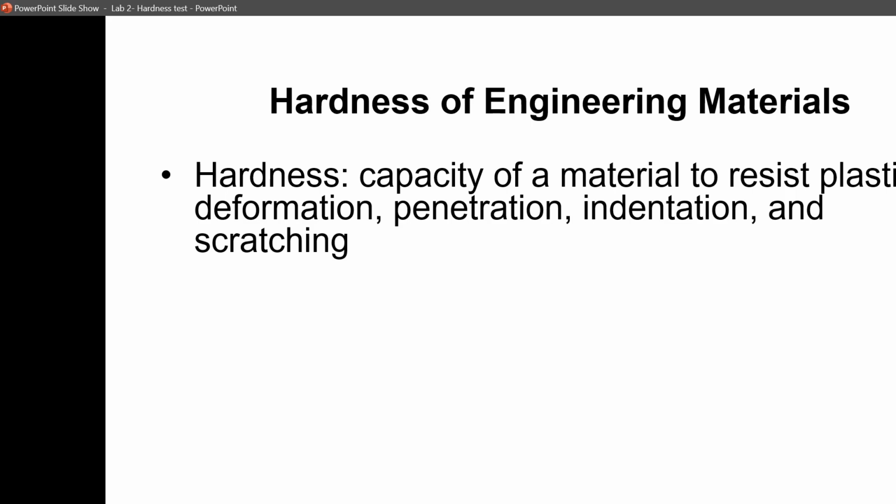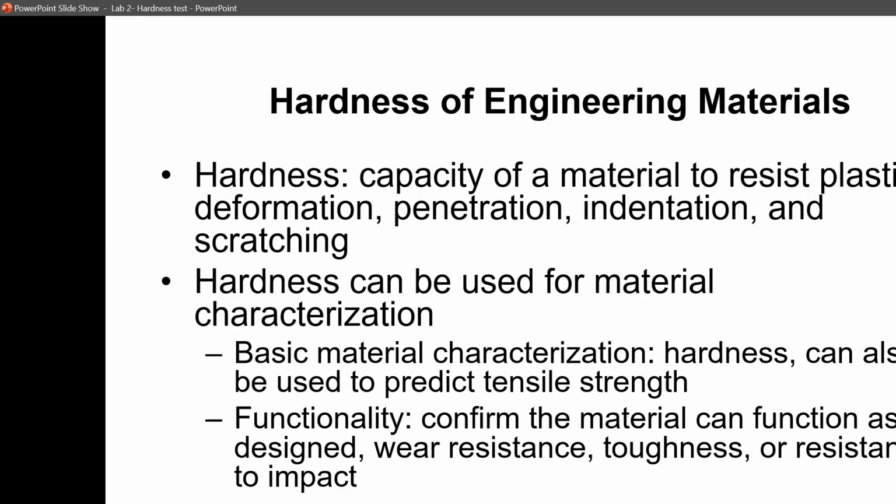So we're going to test the indentation with a micro hardness tester, the Vickers hardness tester, for the metals, and we're going to test the resistance to plastic deformation for the rubber-like material. Hardness can be used for material characterization, and we can convert the measured hardness using empirical equations to yield stress or ultimate stress, and we're going to see the equations for those later on.